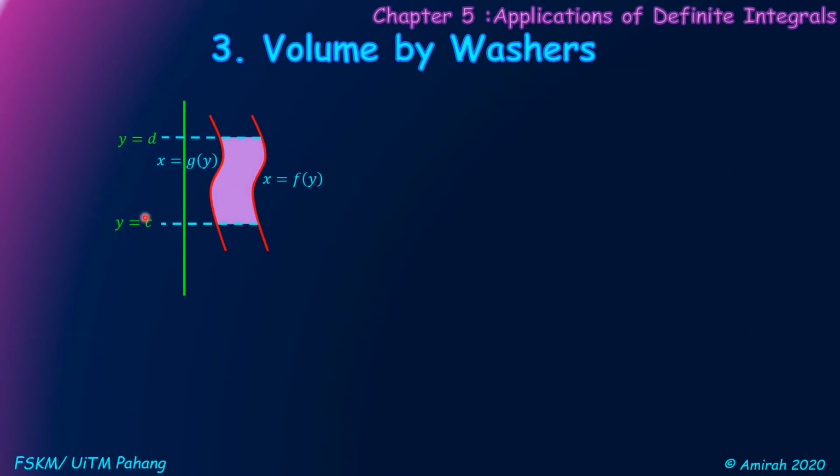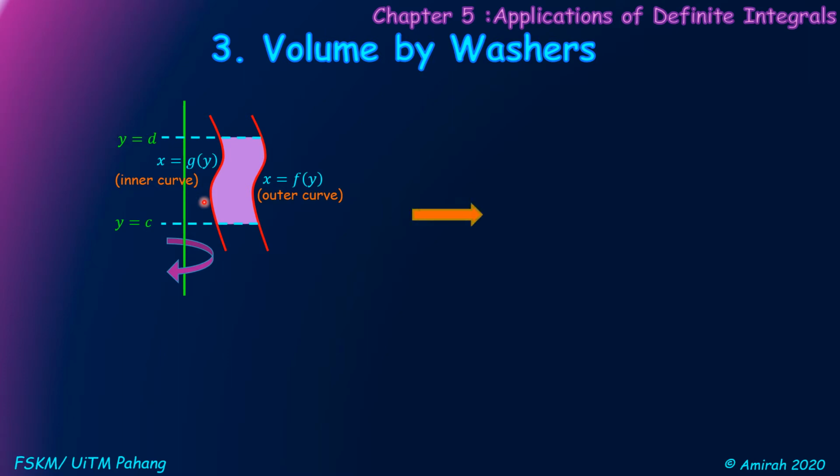Now we consider this diagram. From this diagram, we have two curves, and the axis of rotation is a vertical line. The shaded region here is bounded by the outer curve x equals F(y) and x equals G(y), which is the inner curve.